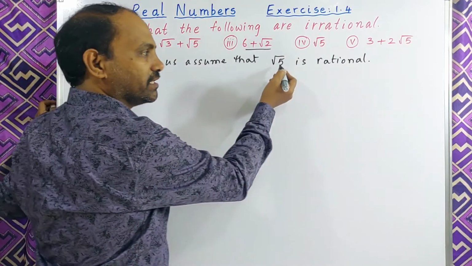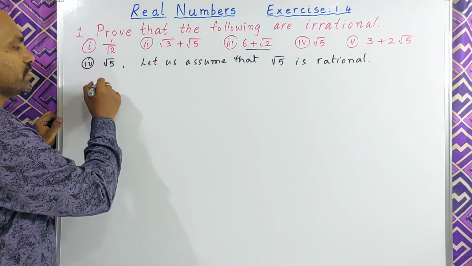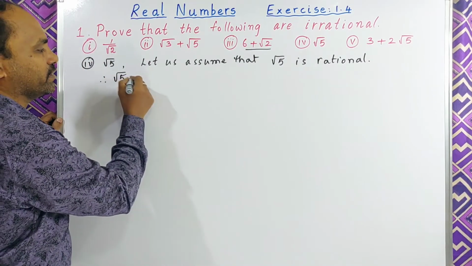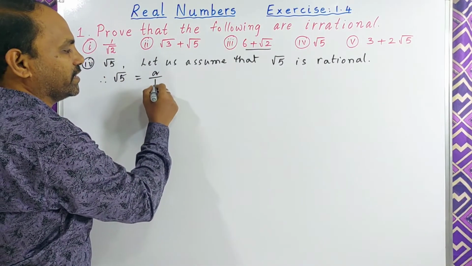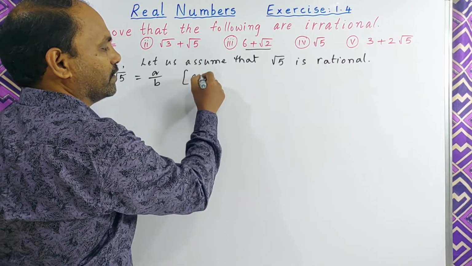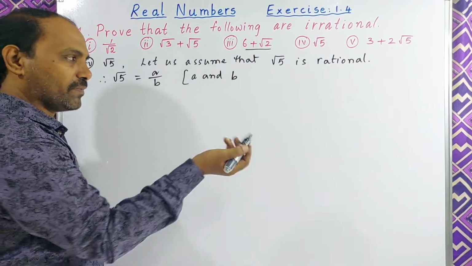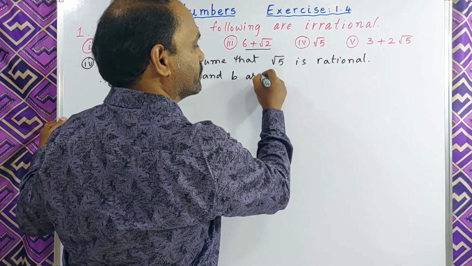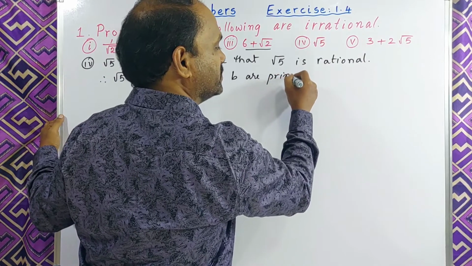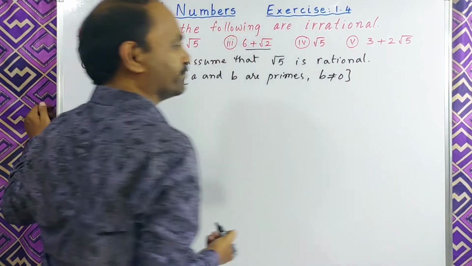If it is a rational number, then it must be in p by q form. So therefore root 5 is equal to a by b. I took a by b here. It's your choice. a and b are co-primes or primes? Are primes. b does not equal 0.